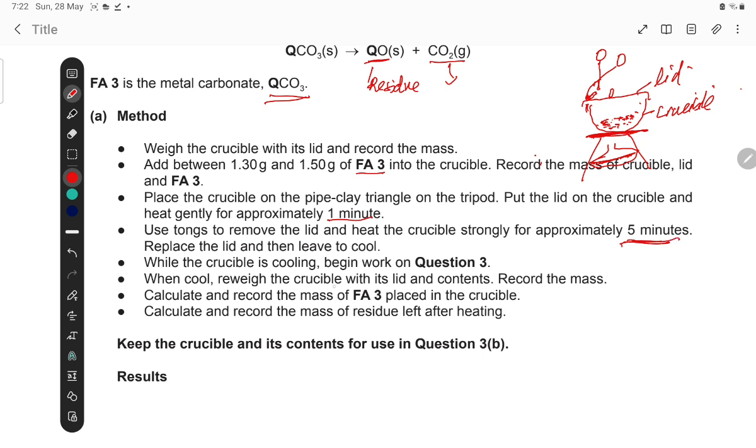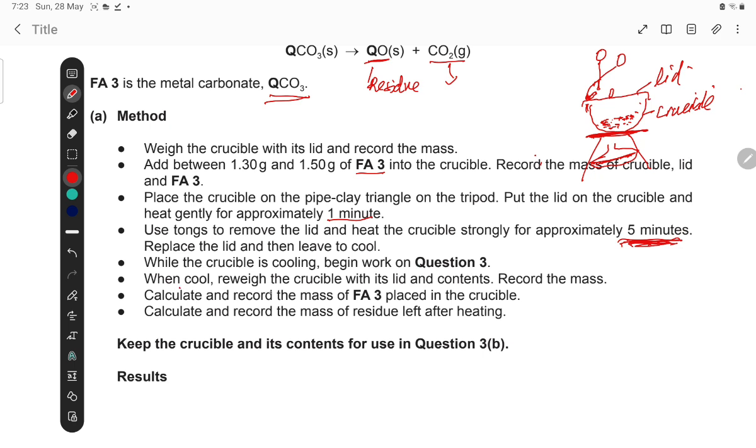While the crucible is cooling, begin work on question 3, because those 5 minutes you need to work on question number 3, and that is a lengthy question, so don't waste your time. Meanwhile you can start question number 3.